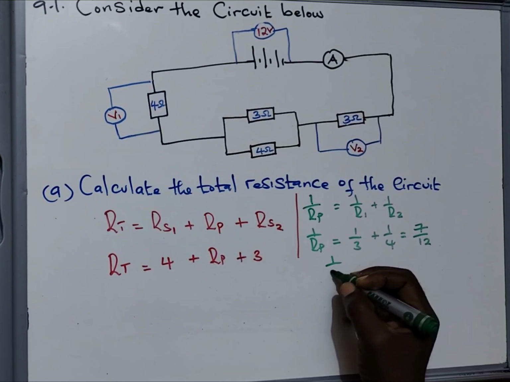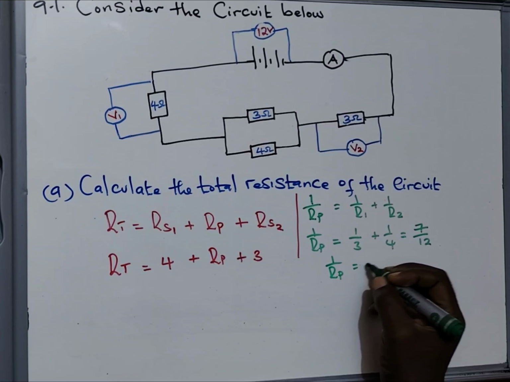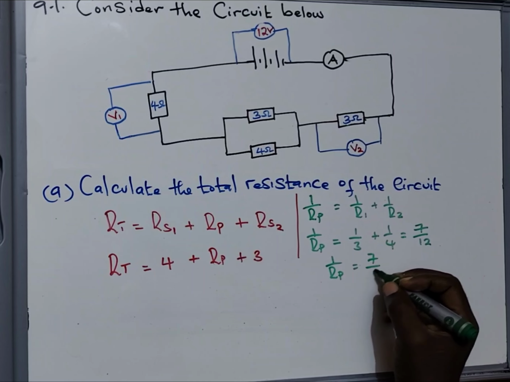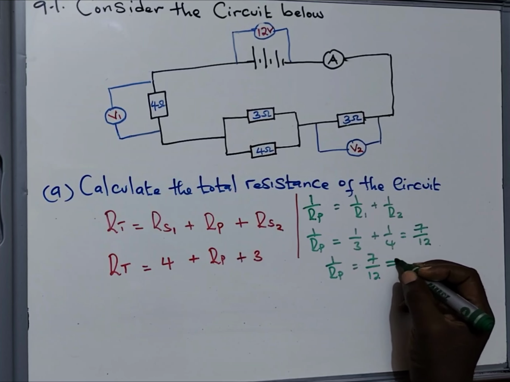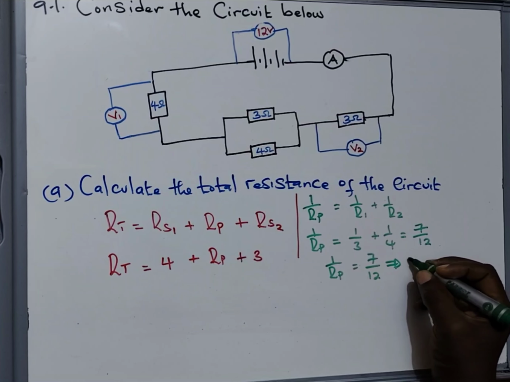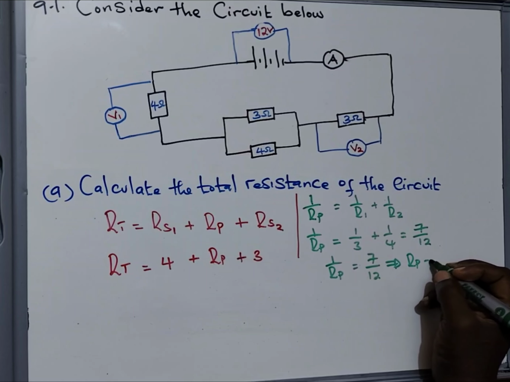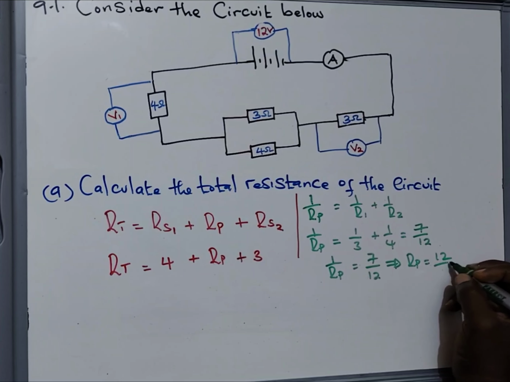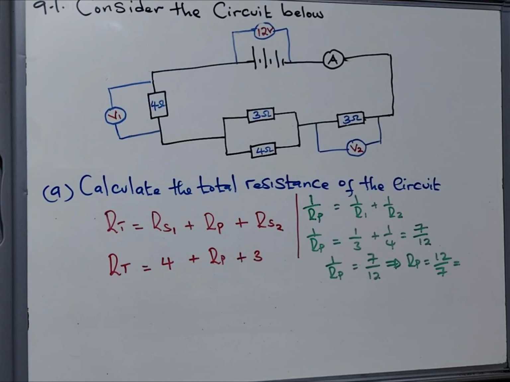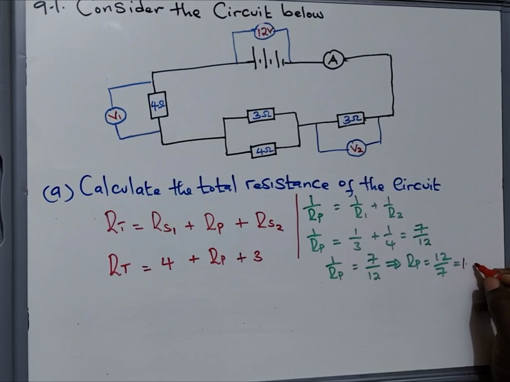We know that 1 over RP is equal to 7 over 12, meaning that RP is equal to 12 over 7, giving you 1.71 ohm.